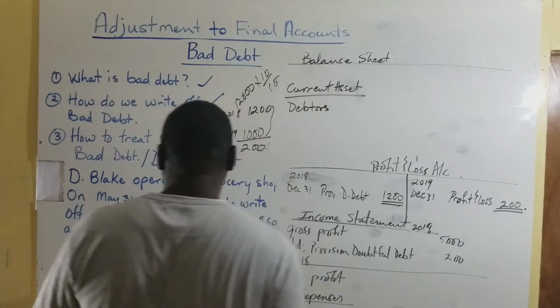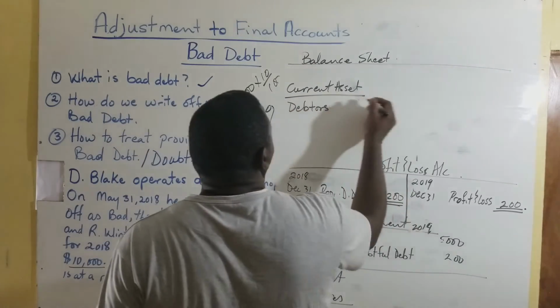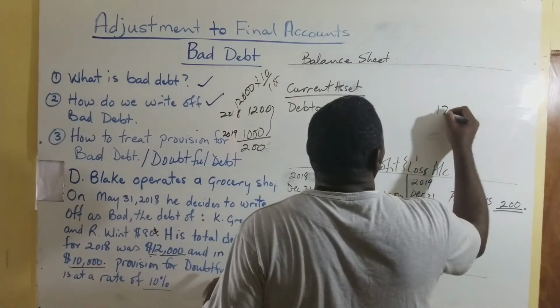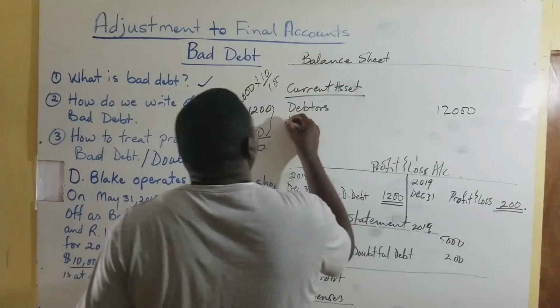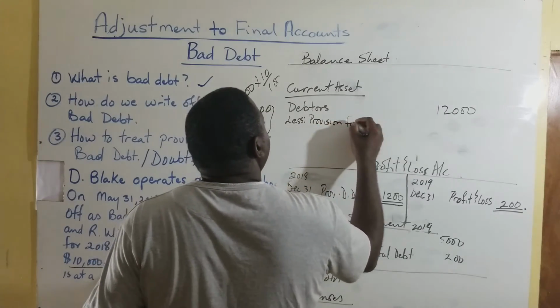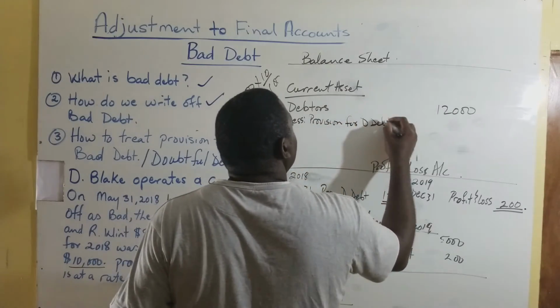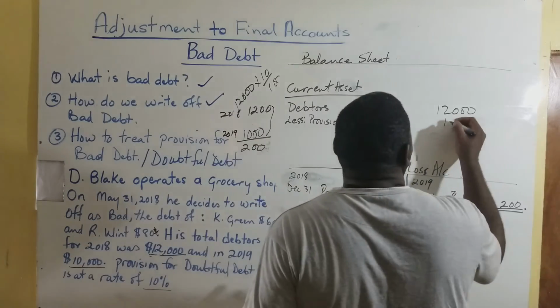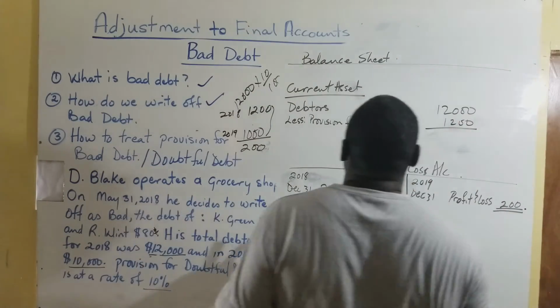So the debtors, let us say this is for 2018, is the 12,000. You would less the provision for doubtful debt of 1,200.